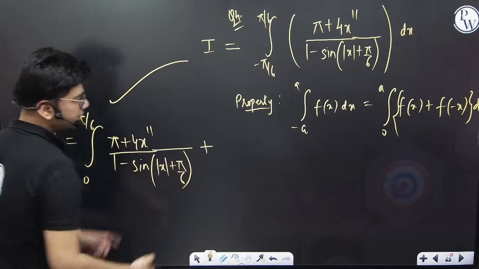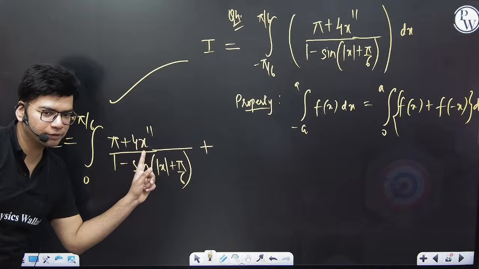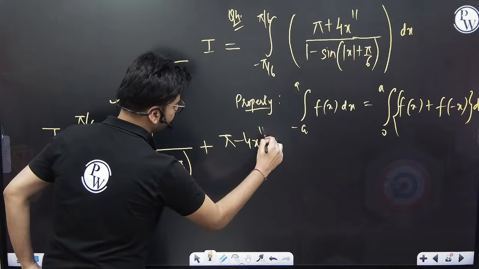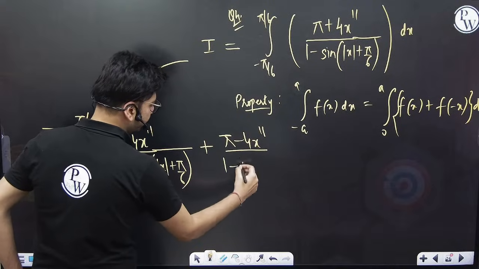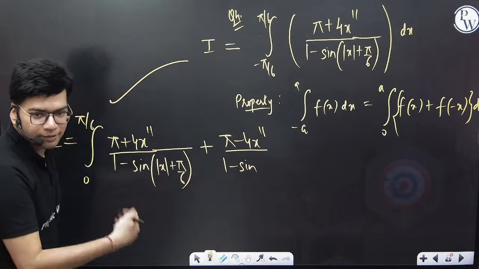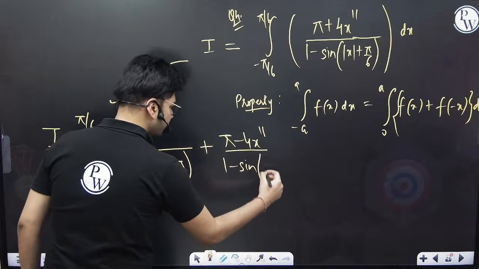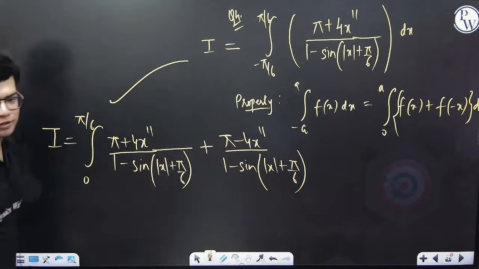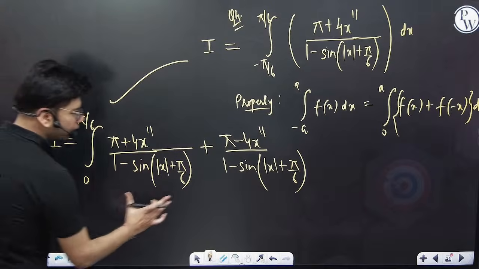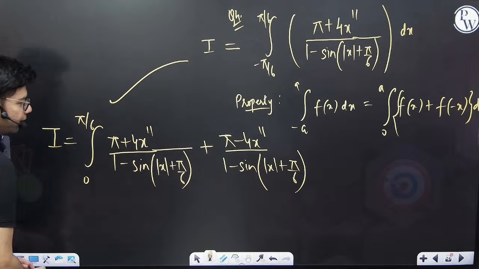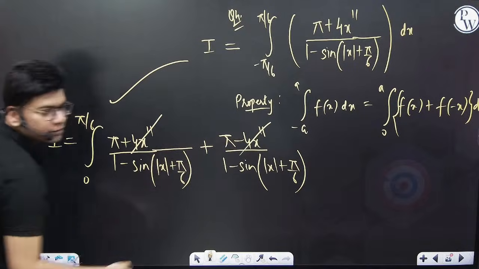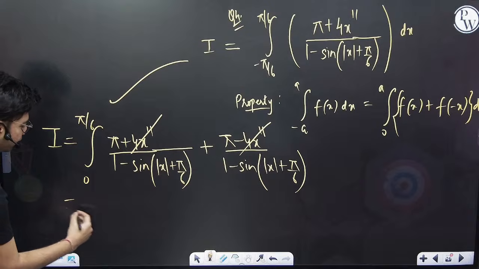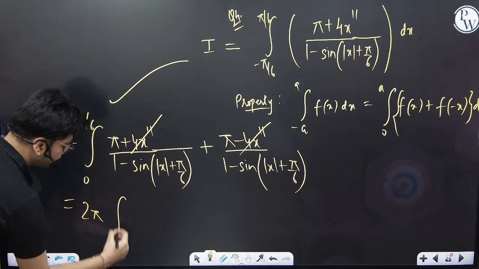Now if I replace x with minus x, this will become (pi minus 4x) raised to the power 11 upon, denominator will stay as it is, since mod of minus x is the same as mod x. So this is what I'm getting. Now the denominator is the same, so if I take the LCM, the (4x)^11 and minus (4x)^11 will cancel out. Pi plus pi, 2 pi can be taken outside. So 2 pi into the integration from 0 to pi by 6.